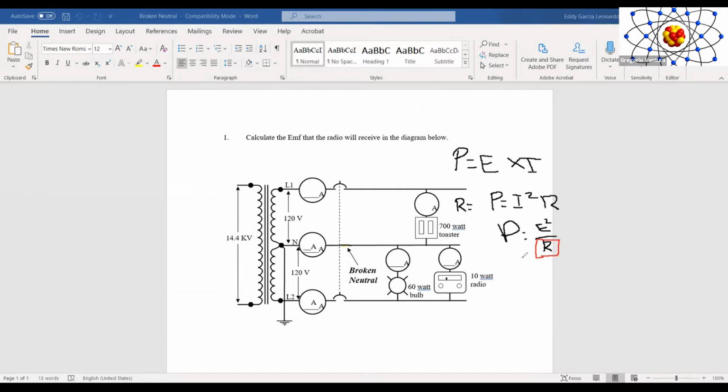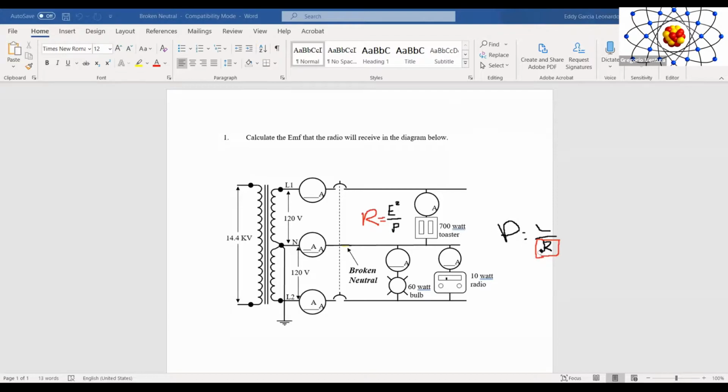So we'll say that R for the toaster is equal to E squared divided by P. I'm going to delete these formulas.